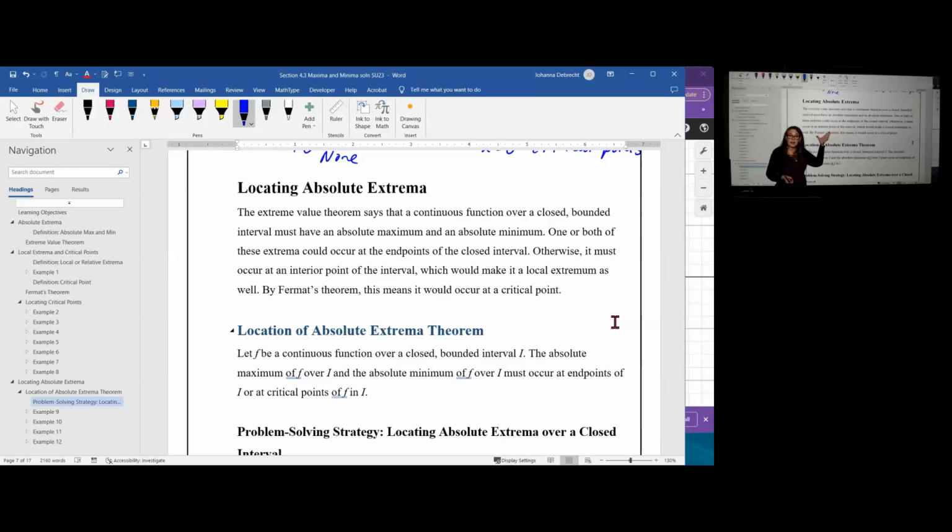And that means, by Fermat's theorem, it must be a critical point. So in order to find the absolute extrema guaranteed by the extreme value theorem on a continuous function on a closed bounded interval, we're going to check the endpoints and the critical points in the interior of that interval.